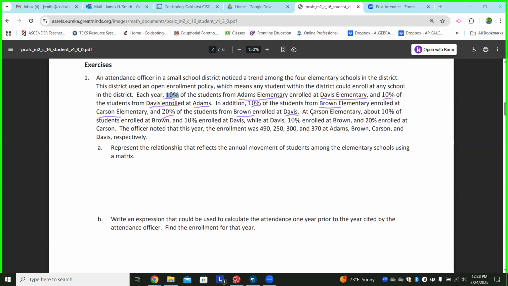At Carson Elementary, about 10% of students enrolled at Brown and 10% enrolled at Davis, while at Davis, 10% enrolled at Brown and 20% enrolled at Carson. The officer noted that this year the enrollment was 490, 250, 300, 370 for Adams, Brown, Carson, and Davis, respectively.